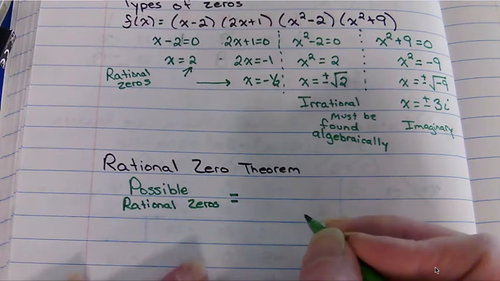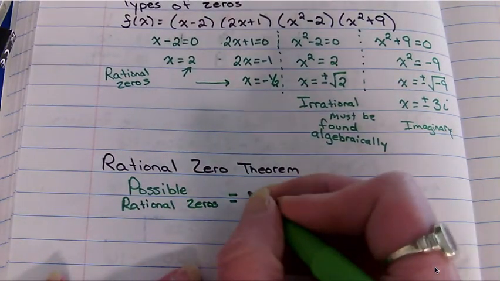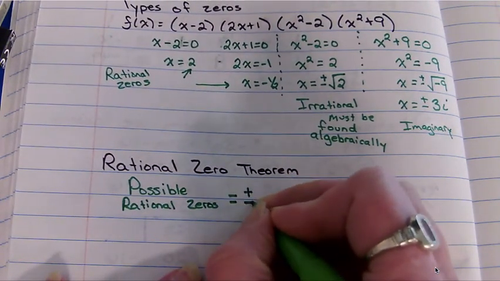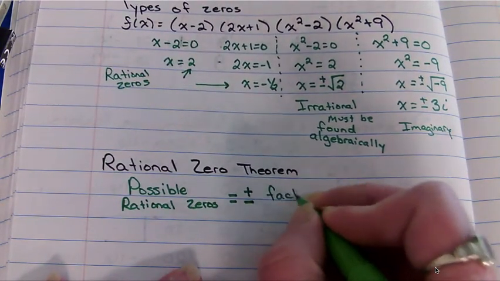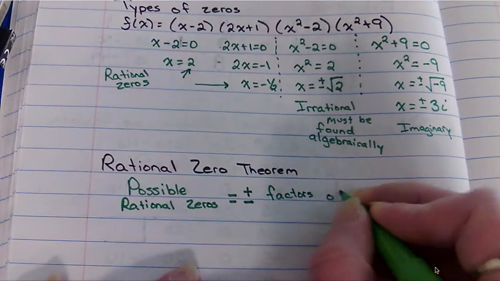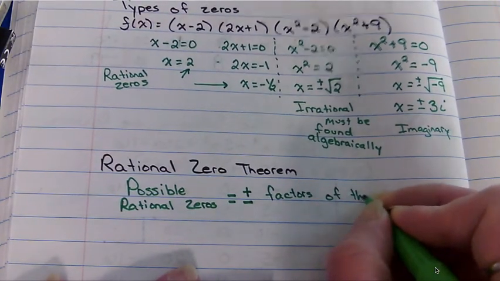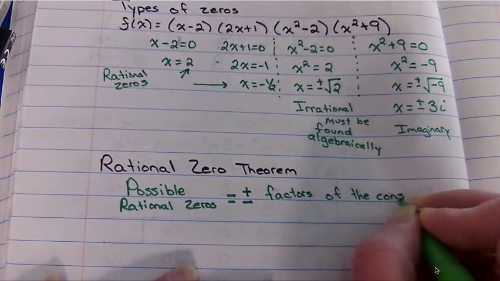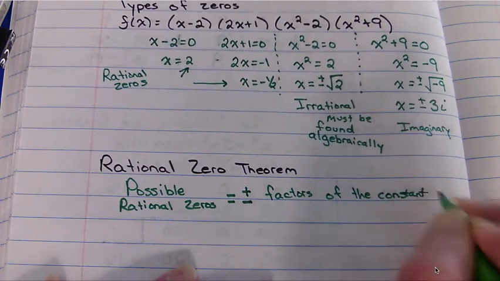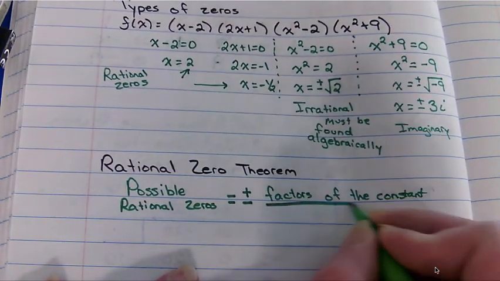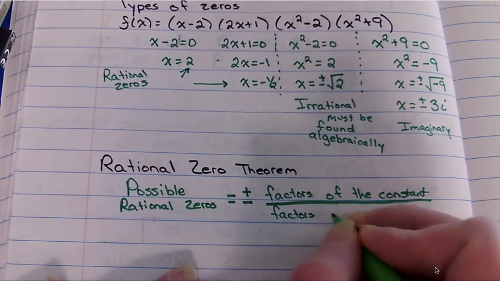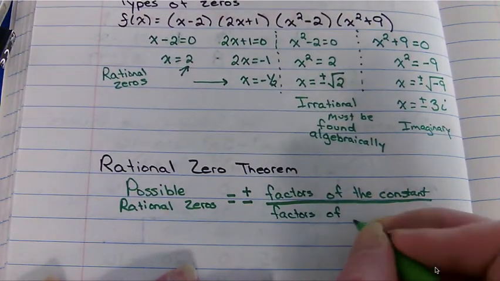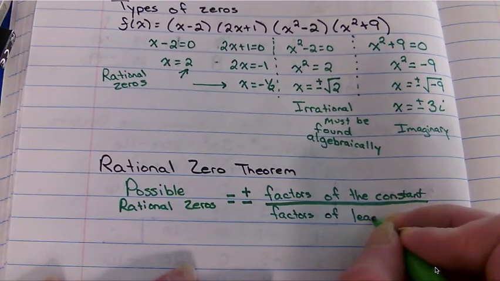And our possible rational zeros will always be the factors of the constant divided by the factors of the leading coefficient.